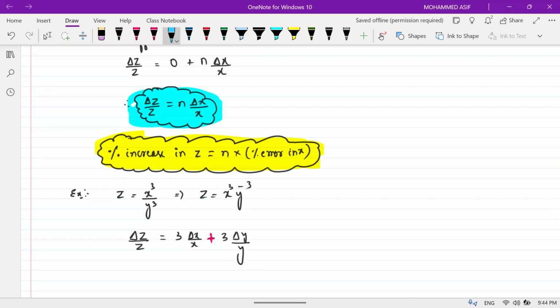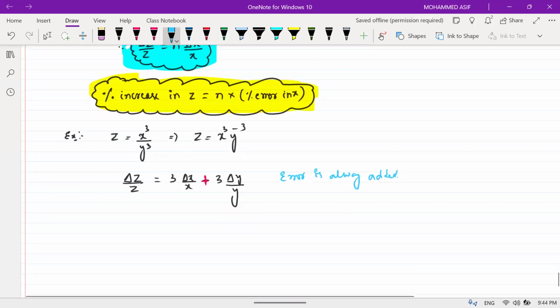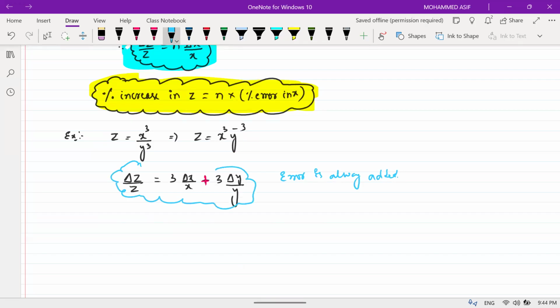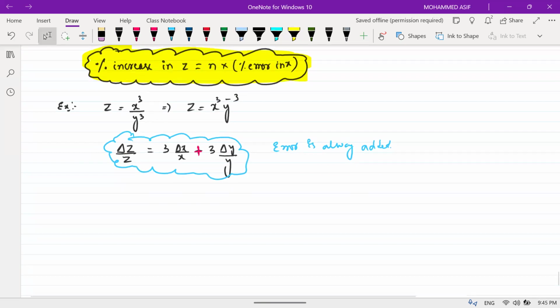Okay. So I'll write one point here: error is always added, even though it is negative. Am I clear? So this will be the answer: delta Z by Z is equal to 3 into delta X by X plus 3 into delta Y by Y. Am I clear?